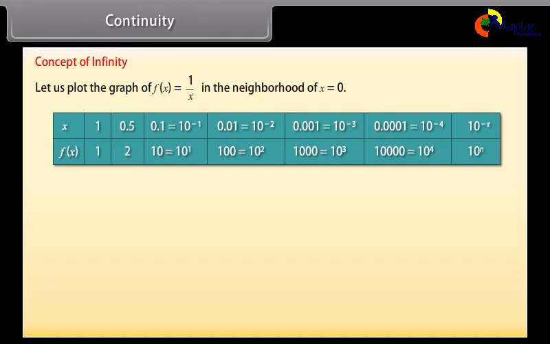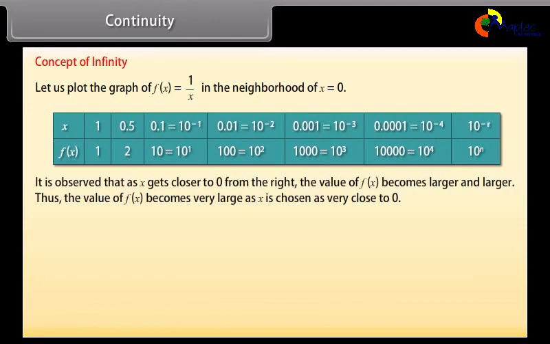For x = 0.1, f(x) = 10. For x = 0.01, f(x) = 100, and so on. It is observed that as x gets closer to 0 from the right, the value of f(x) becomes larger and larger. Thus, the value of f(x) becomes very large as x is chosen very close to 0.